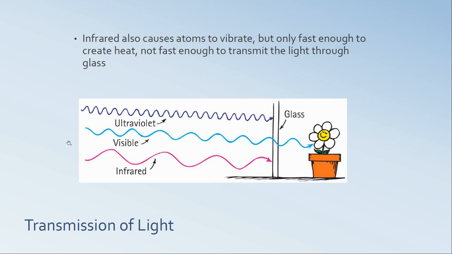But in our visible wavelengths, the frequencies don't cause the glass to resonate, but it is strong enough energy to cause the atoms of the glass to release light on the other side of the glass.